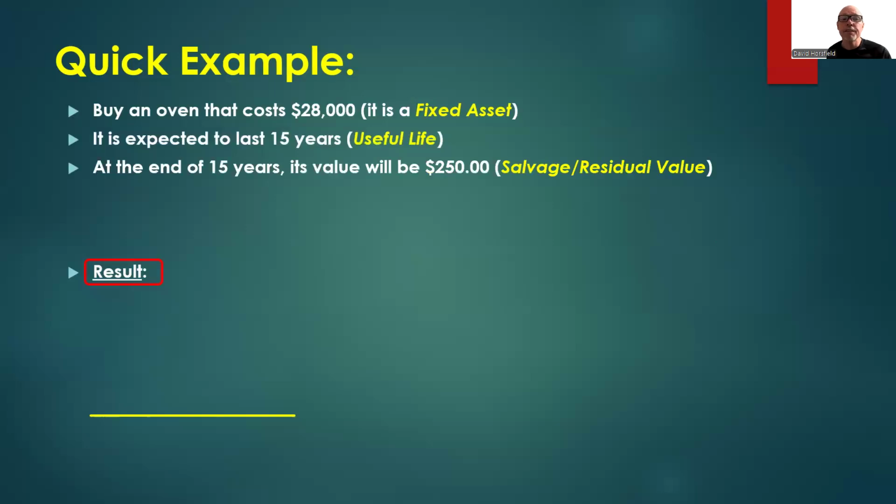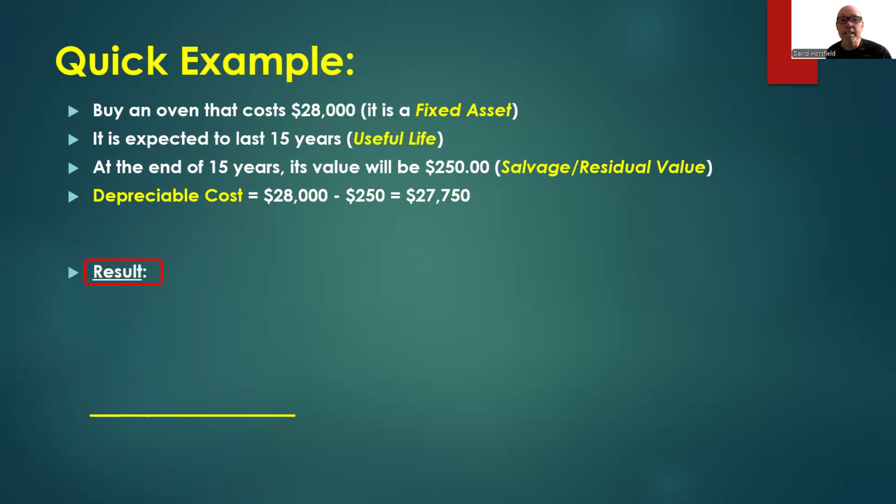At the end of the 15 years, we figure its value will be $250. Like, it's going to be a piece of junk. That oven, all I'll be able to get for it is $250 for the metal that's in the oven. And the language we're going to use related to depreciation is we're going to call that its salvage or residual value. Depreciable cost is another important term.